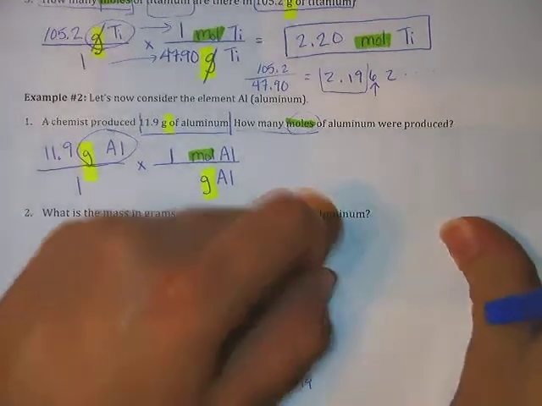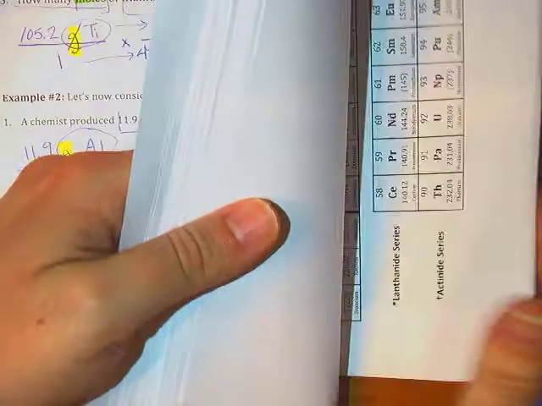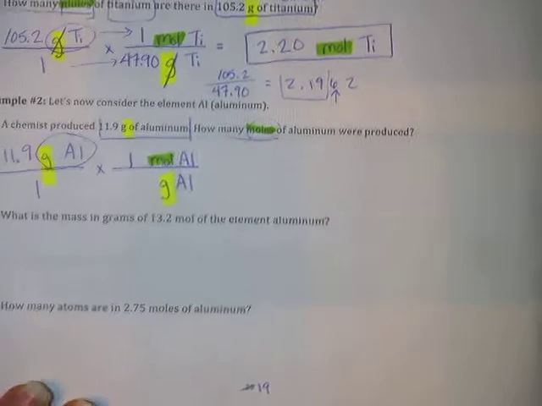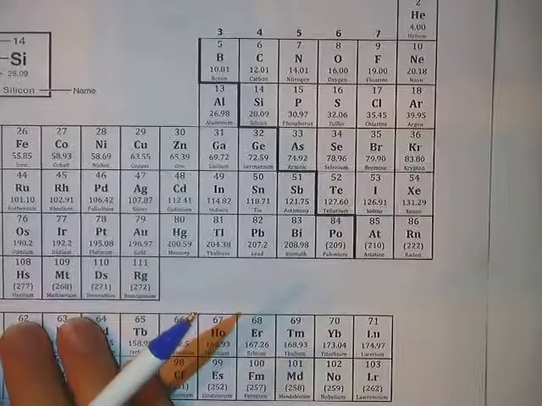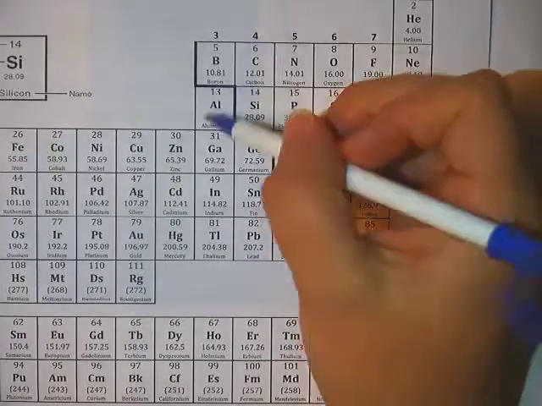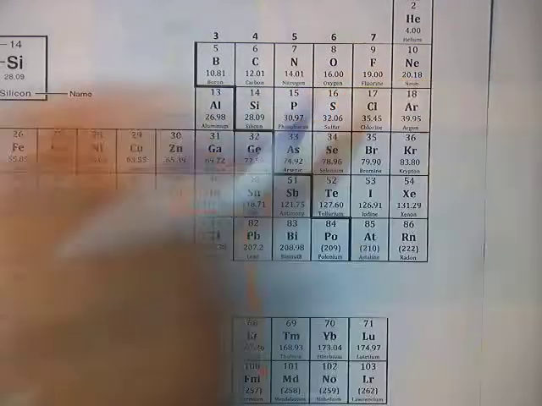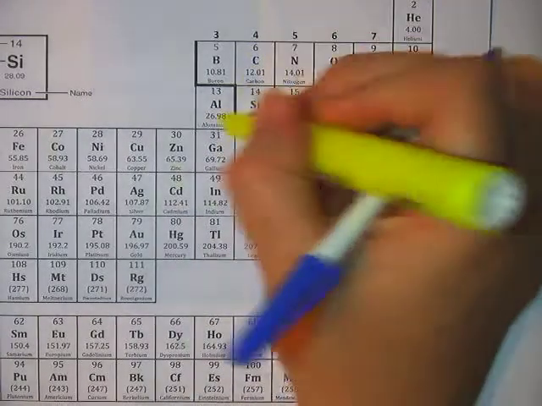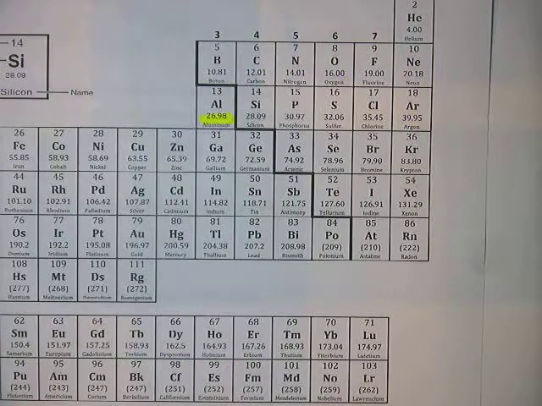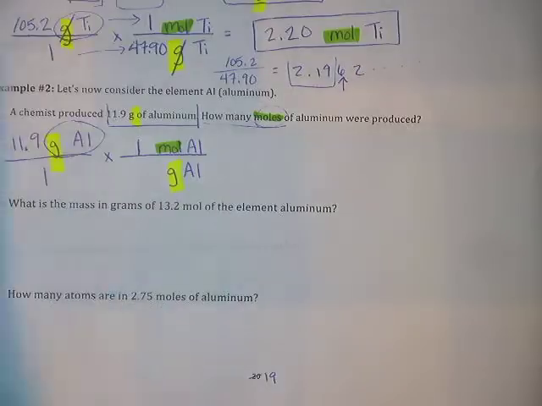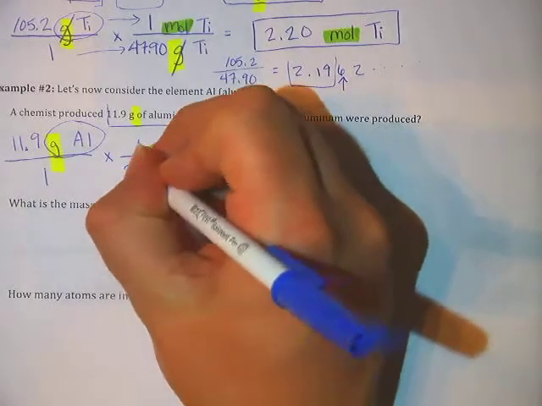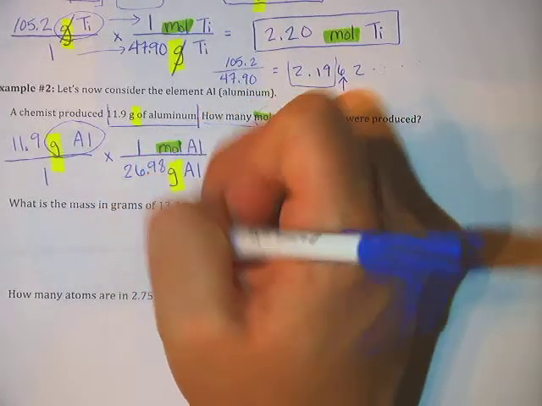So we have to actually go look at our periodic table, because this time we were less nice and we didn't put the number for aluminum right there on the page for you. So we've got to find aluminum on the periodic table. And its number of grams is that 26.98 there. So that is my mass for aluminum, my molar mass, the number of grams that are in 1 mole.